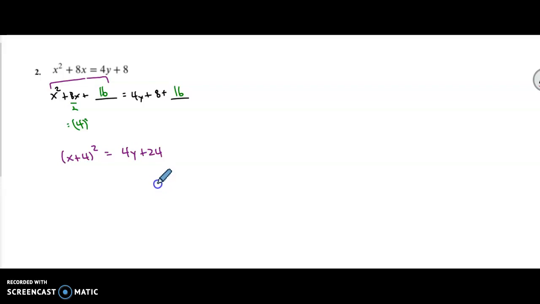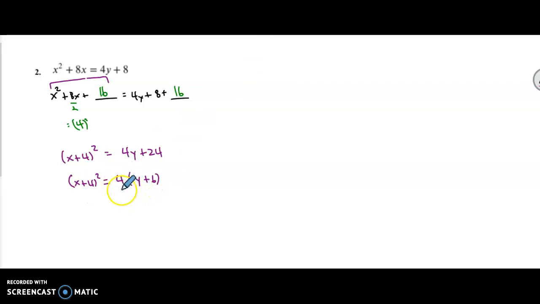Now, on the right hand side, the variable x or y should not have the coefficient directly attached to it. So what that means is, for this problem, I'm going to take out a factor of 4. That's my greatest common factor. And this would be y plus 6. Okay. So there it is. That's my equation of the parabola.